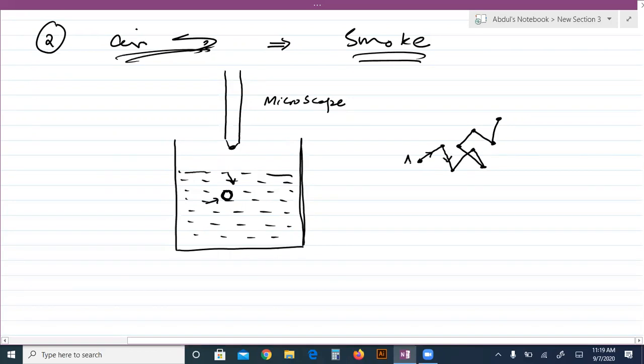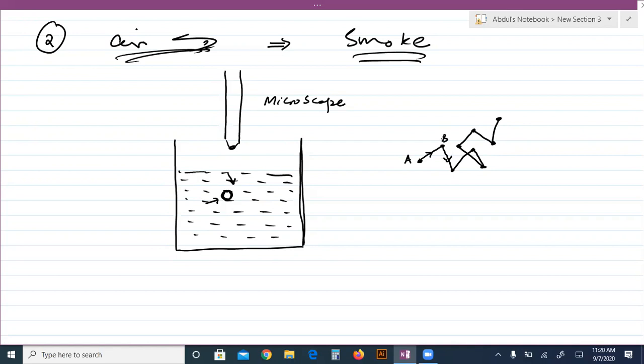So between two collisions, the motion of the pollen grain remains the same. So the type of motion of the pollen grain is actually the motion of the molecule. So this is Brownian motion in the liquid. The motion of the molecule is made visible with the motion of this pollen grain.